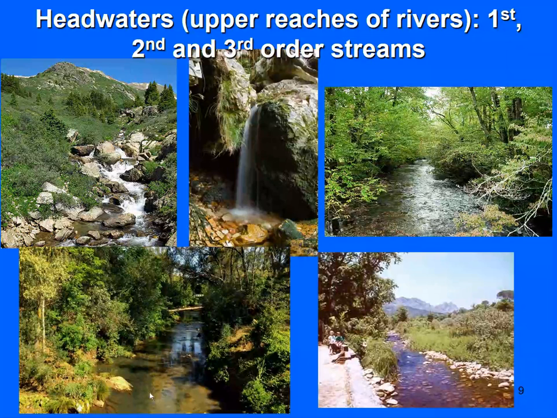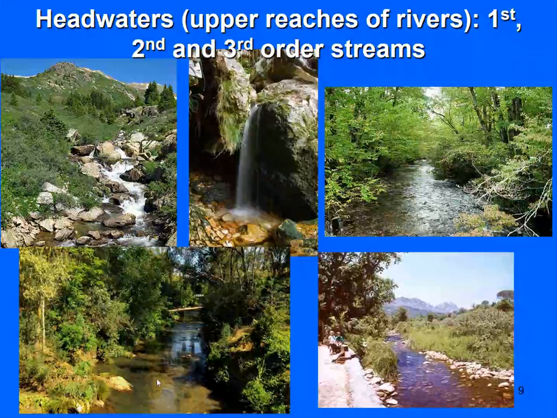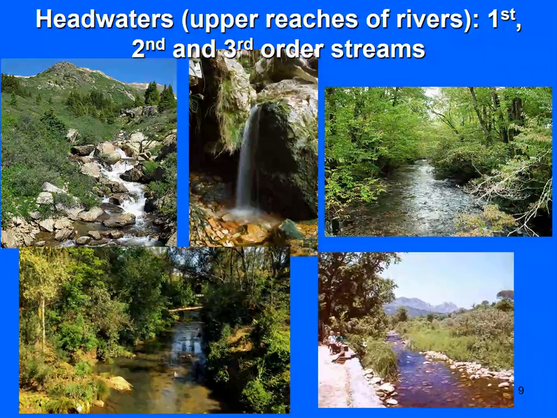A lower pH, I haven't mentioned this, but you also have a lower pH in these high-lying streams. And this is also again because you don't have a lot of solutes in the water. In the Western Cape, it's even more acidic because of the type of rock that we have here, but also because of the fynbos vegetation, because as fynbos decomposes, it creates acidic compounds, which acidifies the soil and also acidifies the water.